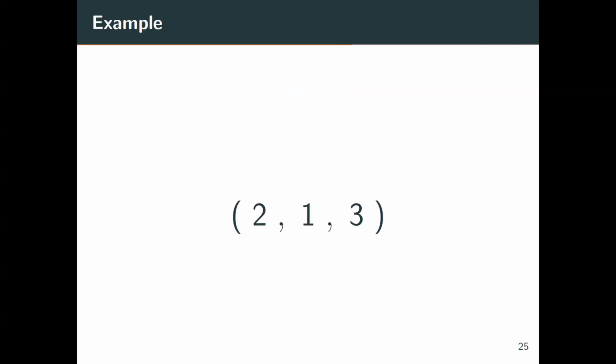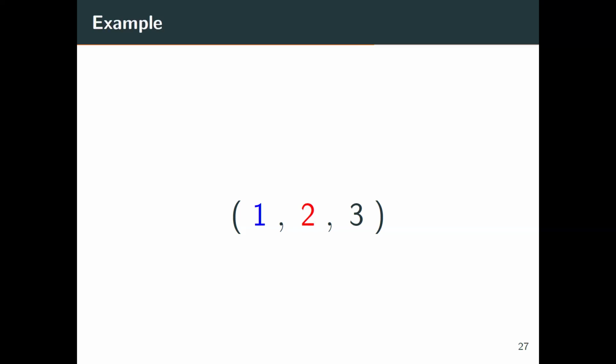And say, for example, that we have this sequence, the 2, 1, 3. If we perform a swap like this, we will interchange the number 2 and the number 1 because they are numerically consecutive. So here we have 1, 2, 3.